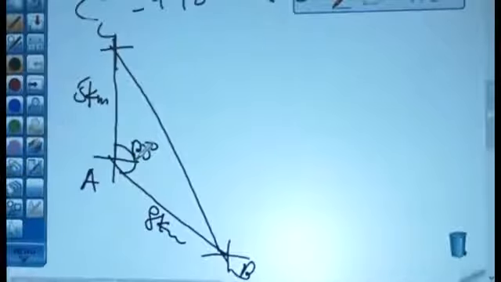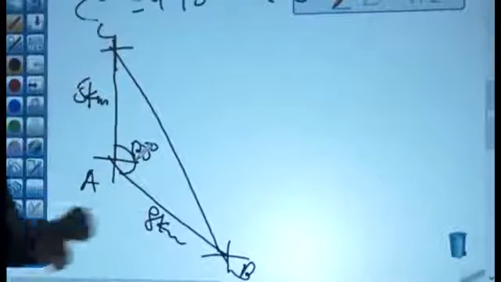We have to calculate the distance from C to B.